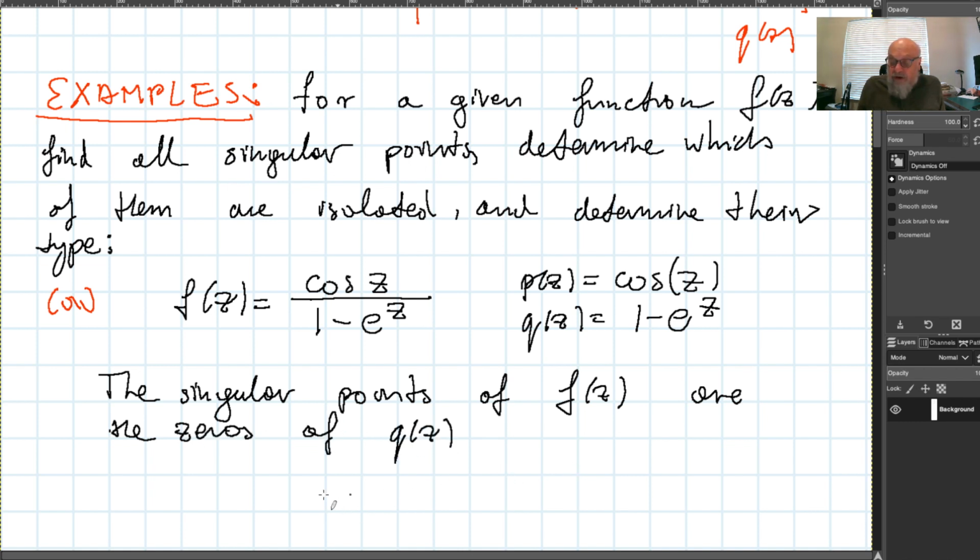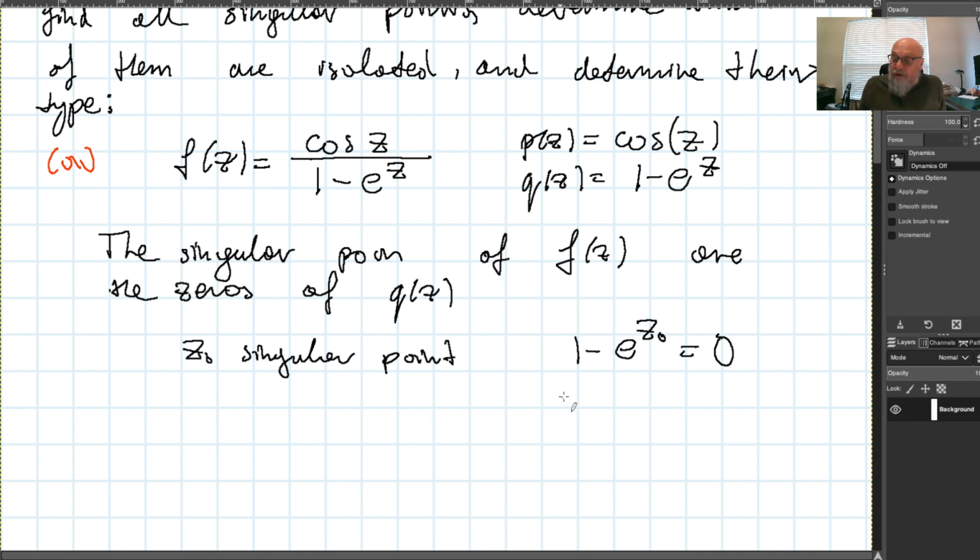That means z0 is a singular point of f if 1 minus e to the z0 is equal to 0. That equation is the same as e to the z0 equal to 1. You know how to solve it.